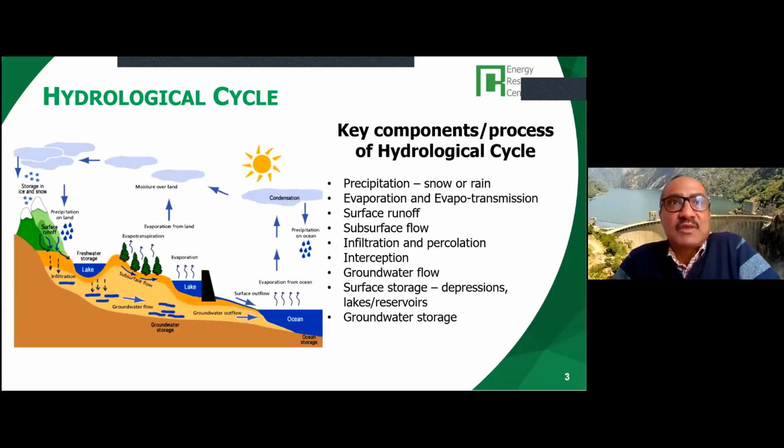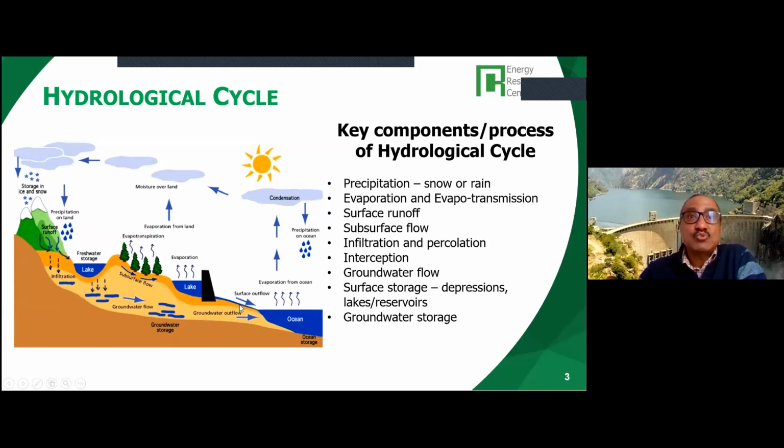So as you know, this is a very general schematic of the hydrological cycle, okay? As a hydropower designer or planner, we are interested in the surface flow, the outflow, the river discharge.